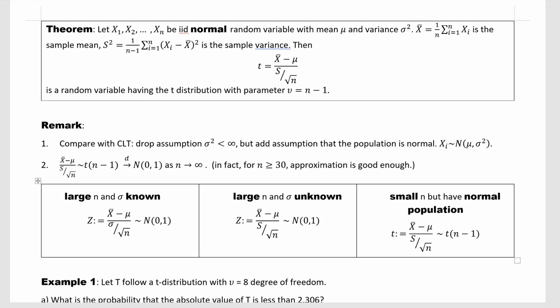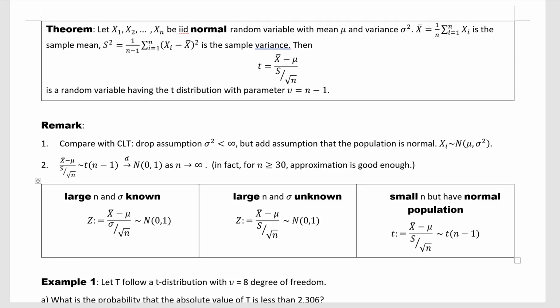Suppose they are IID normal random variables with mean mu and variance sigma squared. Here we don't know sigma. Let X bar be 1 over n times the sum of Xi, so this is the sample mean, and let S squared be the sample variance.